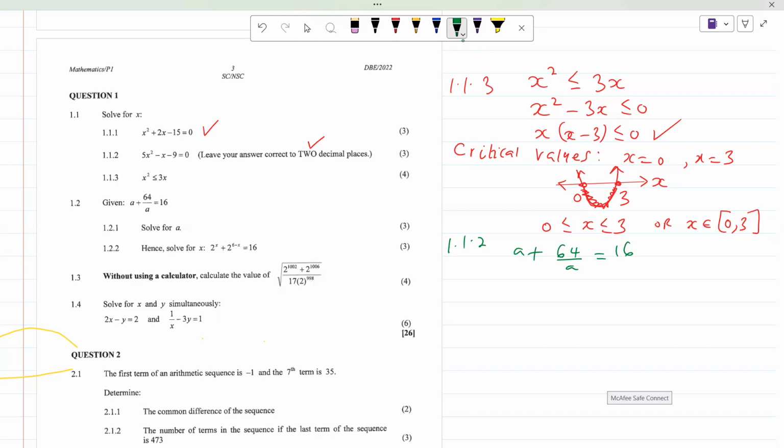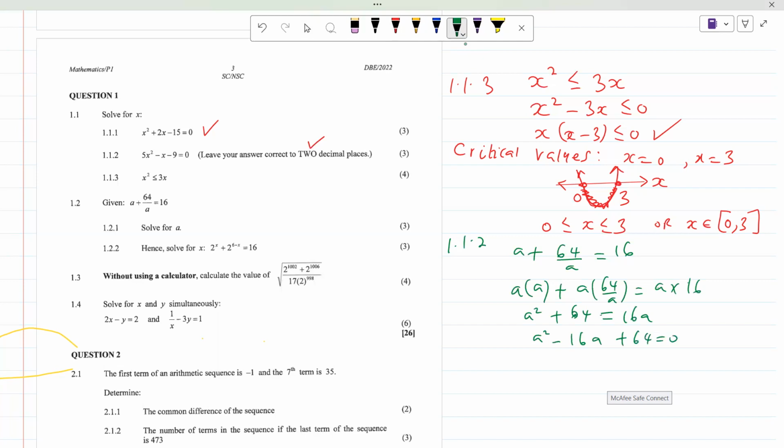So if you multiply through by a, you'd have a times a plus a into 64 over a is equal to a times 16, which is exactly a squared plus 64 is equal to 16a. And then this is exactly a squared minus 16a plus 64 is 0.